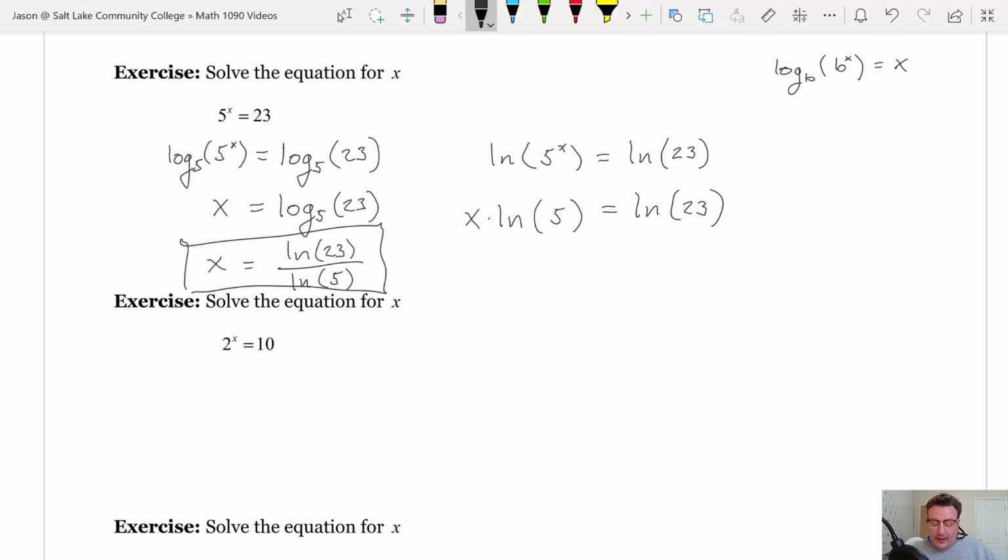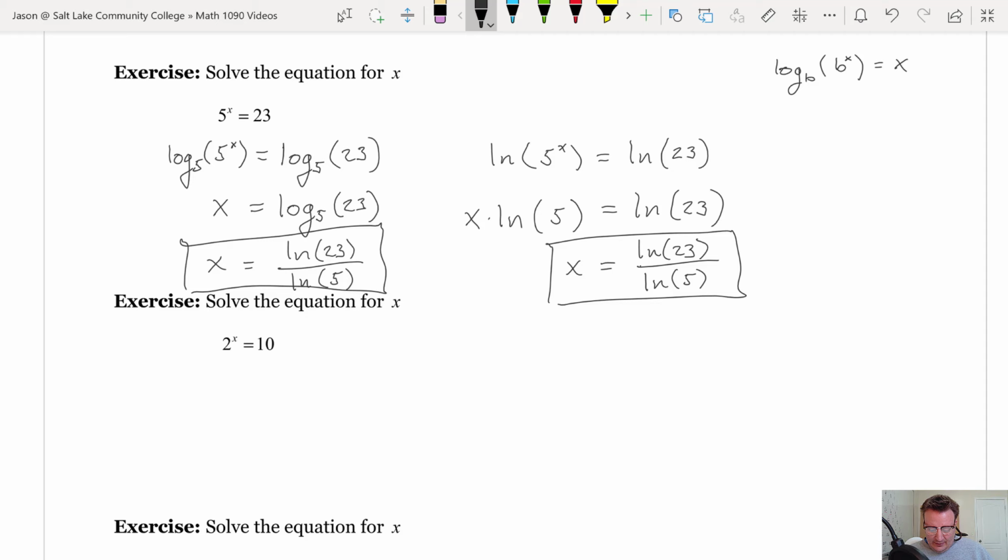Then to solve for x, I just divide both sides of the equation by the natural log of 5, and I get x is equal to the natural log of 23 divided by the natural log of 5, which is what we got by applying the change of base formula.